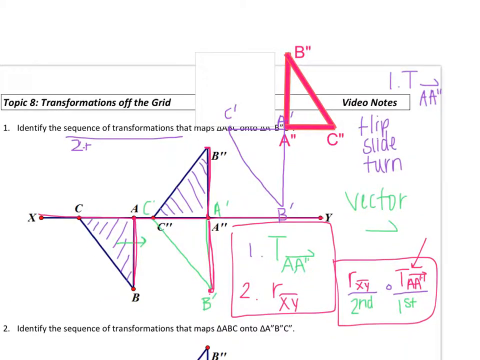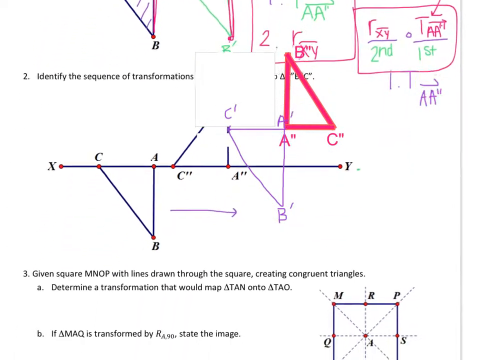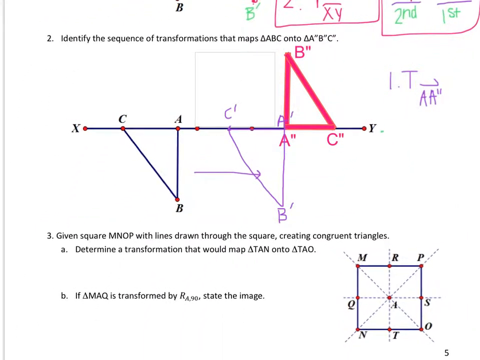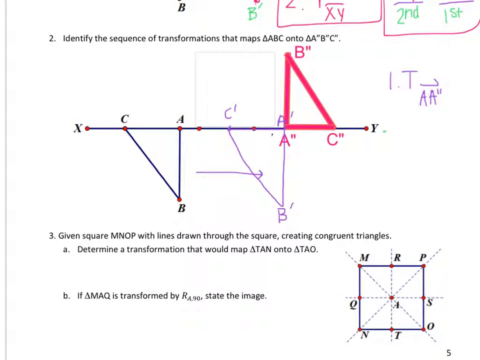Whereas if we look down here in this second example, let's get this lined up again. I would not have wanted to translate on C double prime because it would have brought me too far. A prime would have landed way over here, and that's not where I wanted it to be.